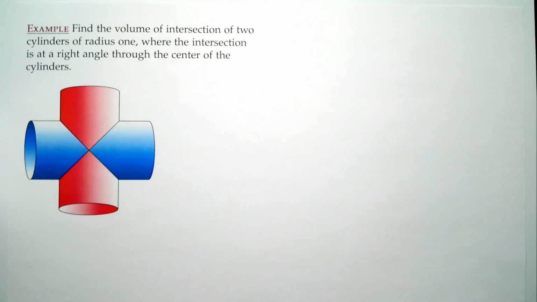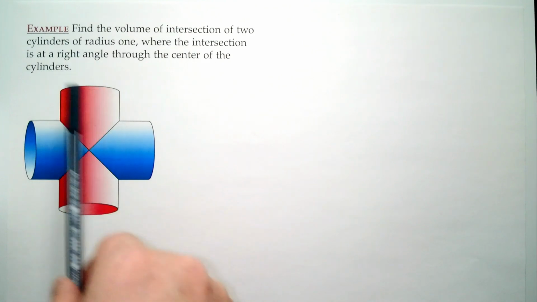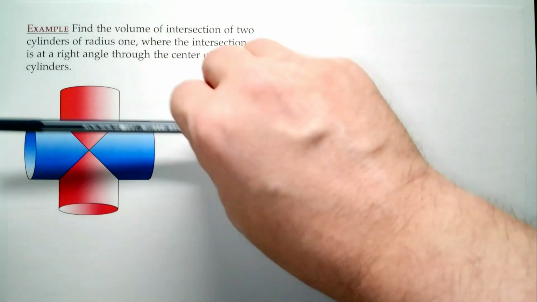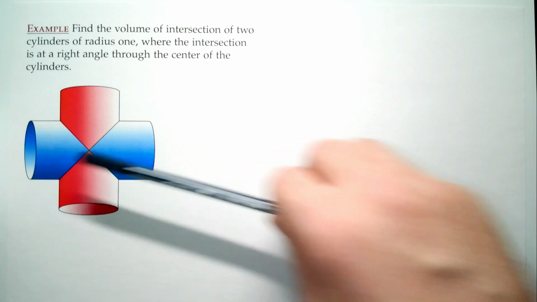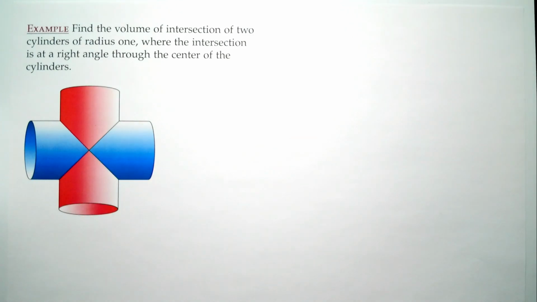So, if you can try to visualize, we have a cylinder running in one direction and a perpendicular cylinder, and they cross. And the question is, how much volume do they have in common, that shape where they intersect? Now, it's not so obvious what that shape is. So we have to sort of think about it.